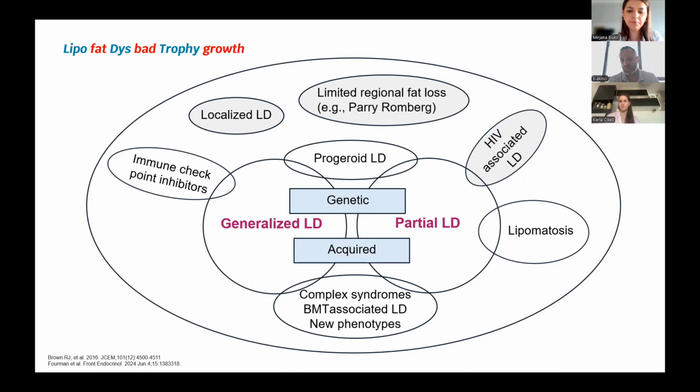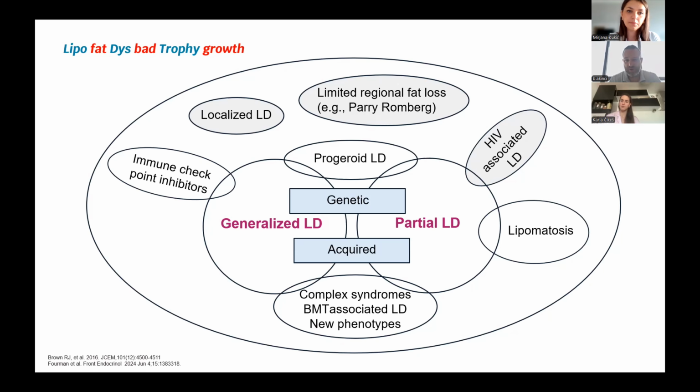So when we talk about rare lipodystrophy syndromes, mostly we focus on these two big circles in the center, and then we always try to classify them into two big groups based on their phenotype, which is either generalized lipodystrophy, where the body fat is almost fully lost, or partial lipodystrophy, where fat loss is in a selective and partial pattern.